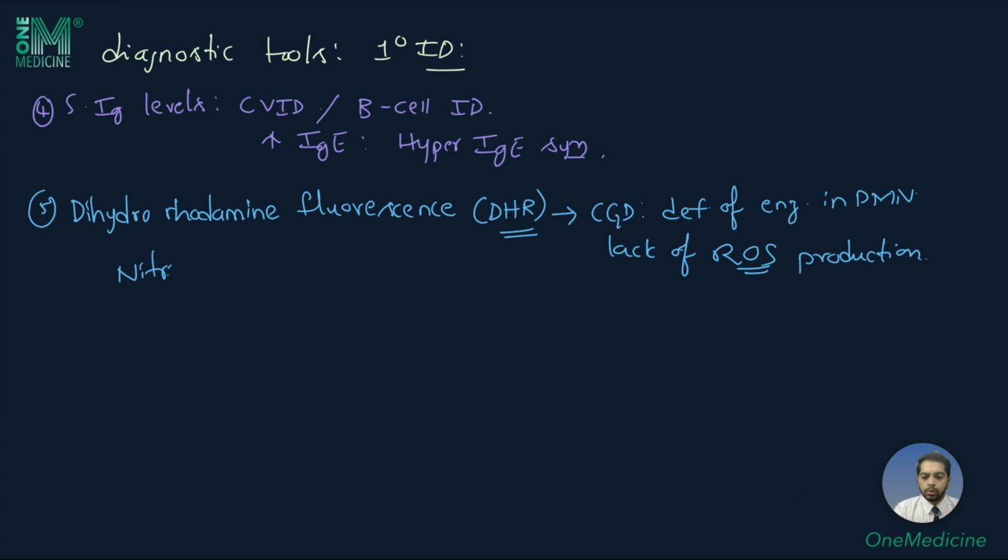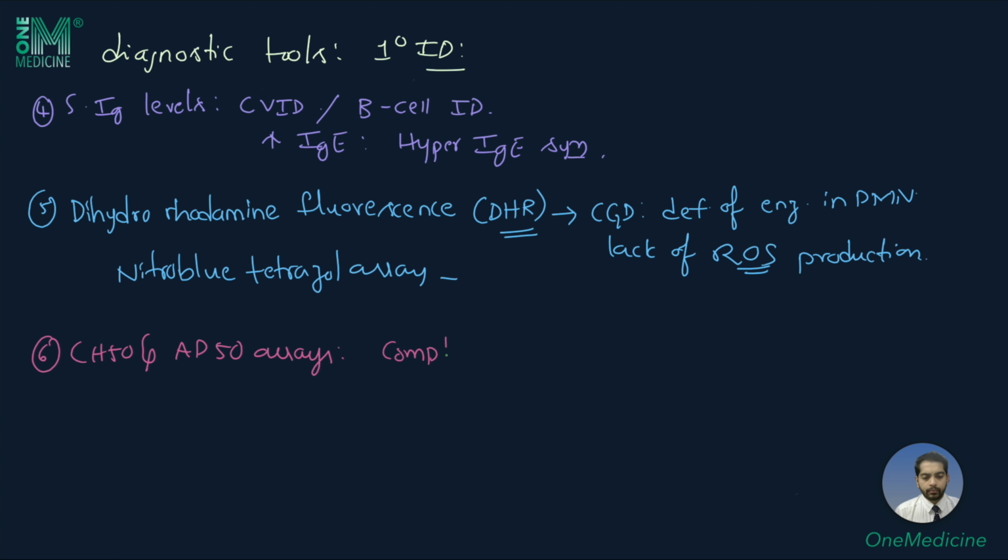Even nitroblue tetrazolium assay is performed for the same reason. CH50 and AP50 assays are done in patients with complement pathway defects or in patients with complement deficiencies, and ultrasonography is done in patients with asplenia.